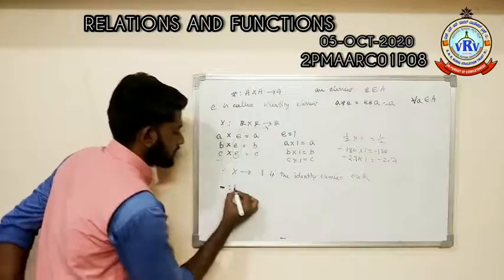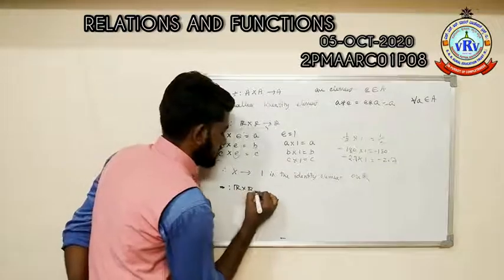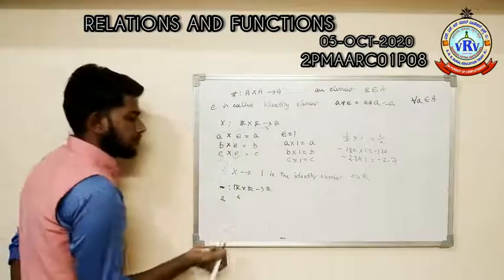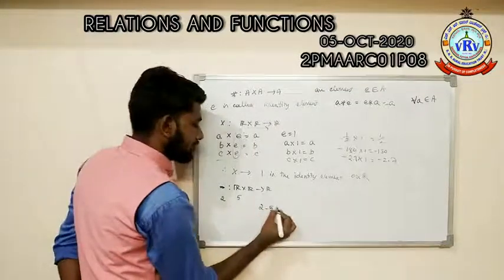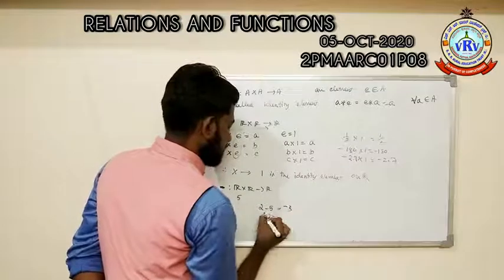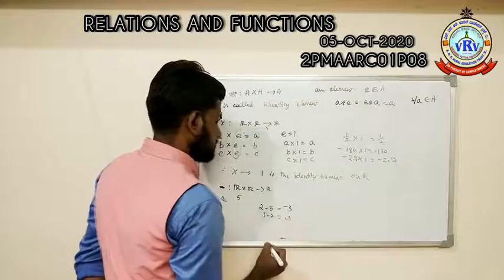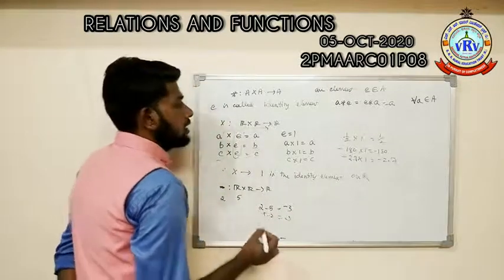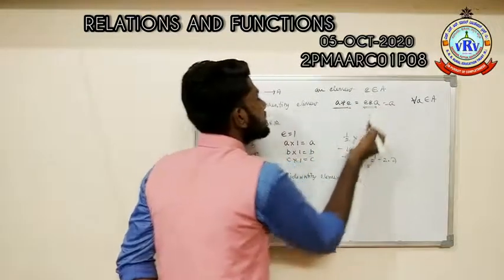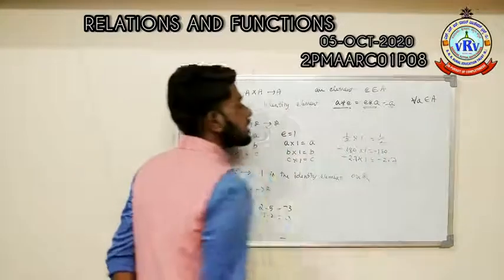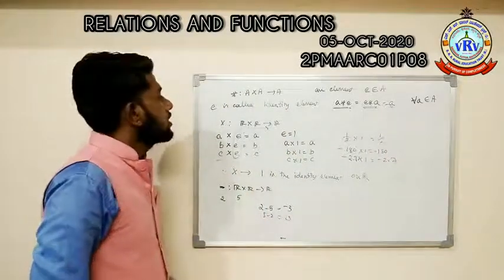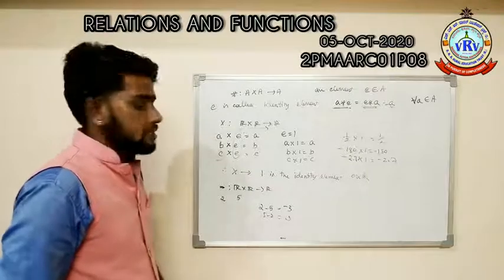let me consider the subtraction. Let me take two elements, 2 and 5. 2 minus 5 is equal to minus 3. 5 minus 2 is equal to plus 3. Here, a star e should be equal to e star a, and that value should be equal to a, then only the operation star contains the identity element, right?